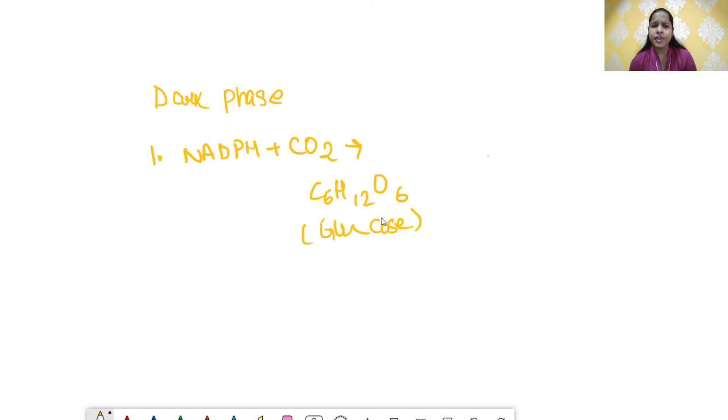This is the step. And what happened? The ATP which was formed in the light phase gives the energy for this reaction. When there is glucose in excess for the plant, when the plant has fulfilled its requirement, what will happen to the glucose? Glucose arranges itself in such a manner that it forms starch.